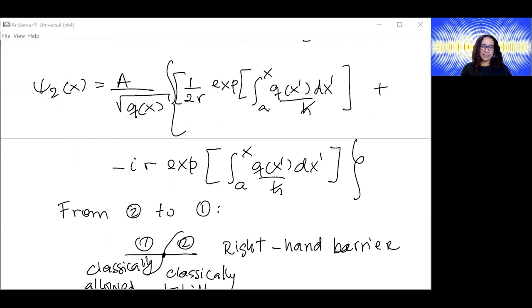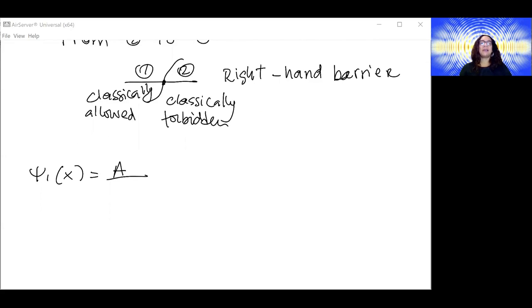So let's have a look at this connection formula, and we find then that psi1(x) is A. So what we want to see is how we connect this with whatever we have on the left-hand side.